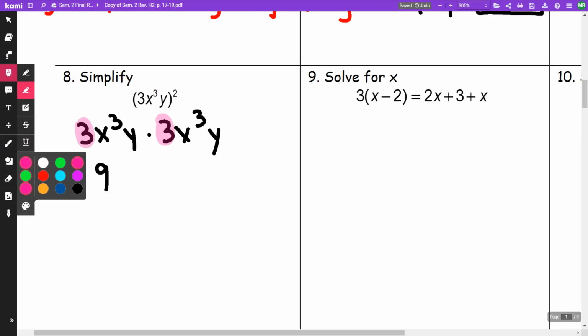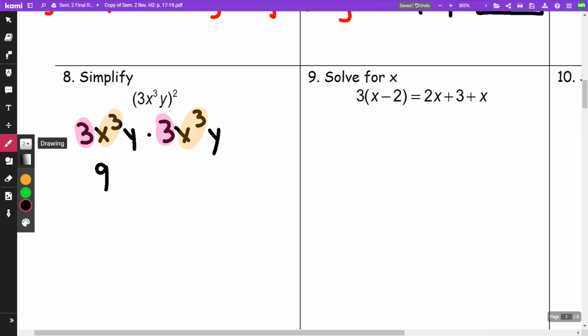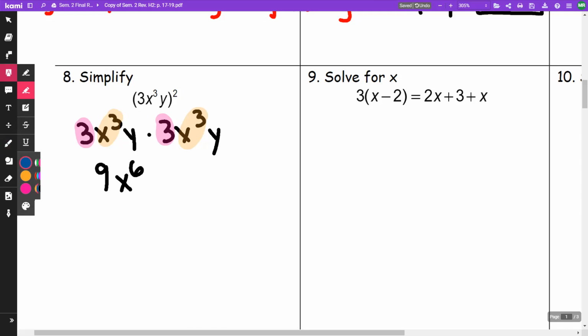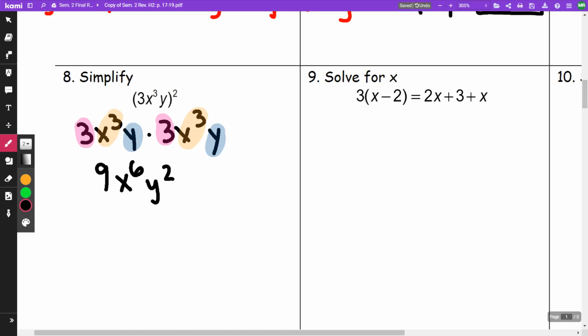I am going to have an x cubed times x cubed. When I am multiplying bases, I add the exponent, so that's going to be an x to the 6. And I am going to have a y times y, which is going to be a y squared.